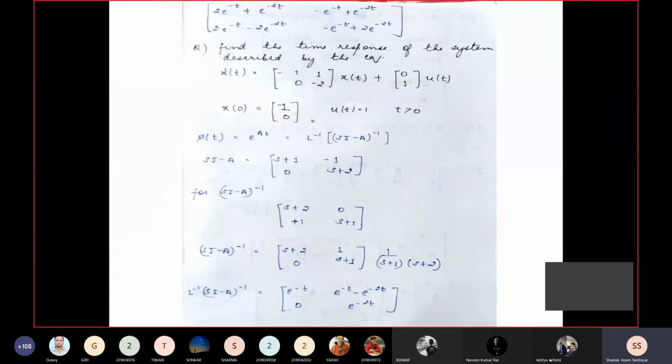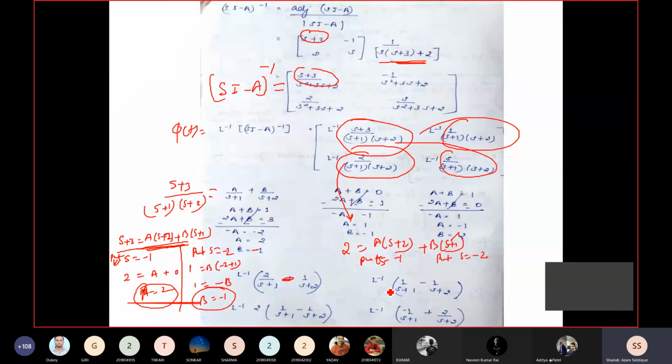You can have the split terms. After that you can find the individual Laplace inverse. If you have Laplace inverse of A minus B, you can write it simply as Laplace inverse of A minus Laplace inverse of B. This is a property of Laplace, so you can find the individual ones.